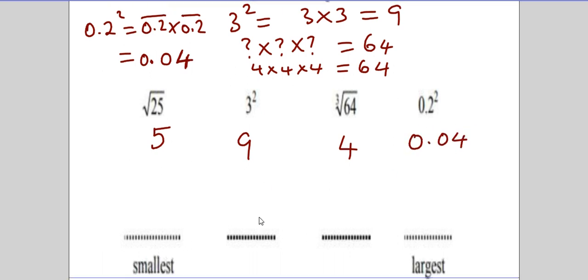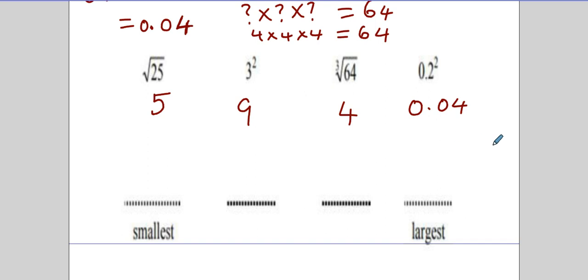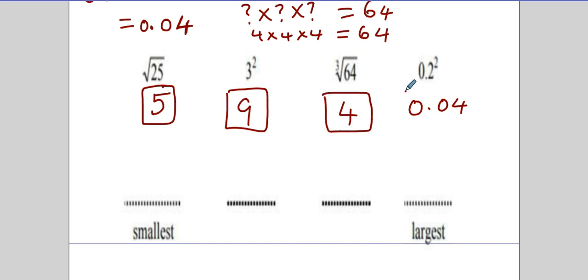Now, what is the smallest number? Just look at these numbers because these are the ones which will be easy to compare. So the smallest number is 0.04. But do you know what to write? We write 0.2 squared. Don't write this number.